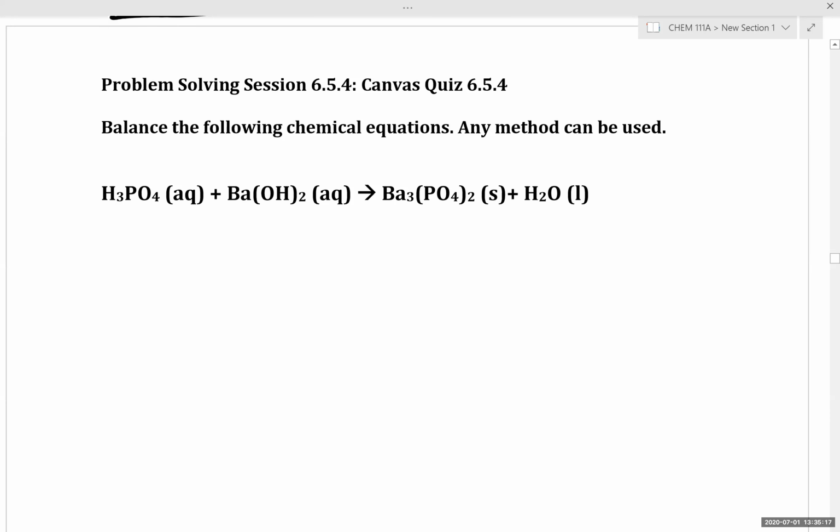And the coefficients I see submitted in the chat so far look perfect.